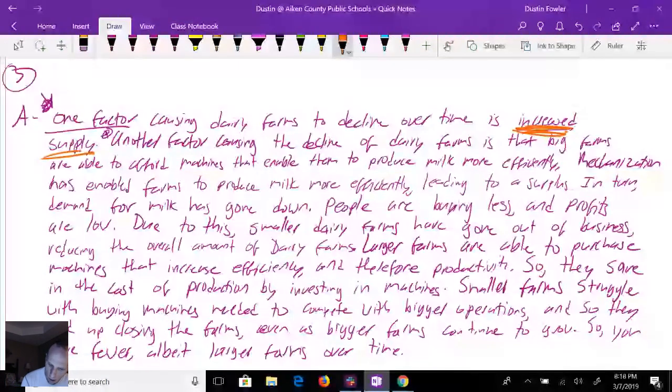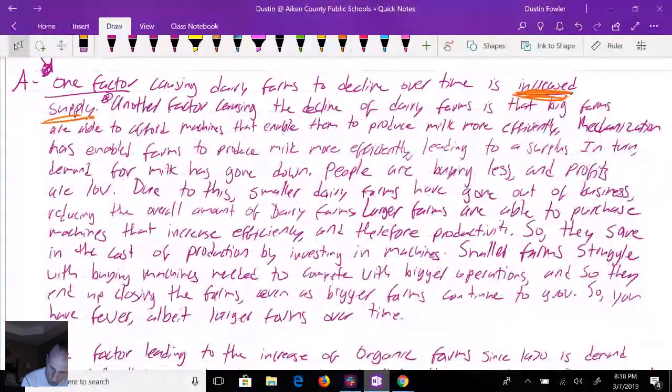Another factor causing the decline of dairy farms, number 2, is that big farms are able to afford machines. Guess what? If I'm a reader using the rubric, I just gave an ID for increased supply, and I gave an ID for the machines, because if you look at the rubric we just saw, you've got increased production of milk.